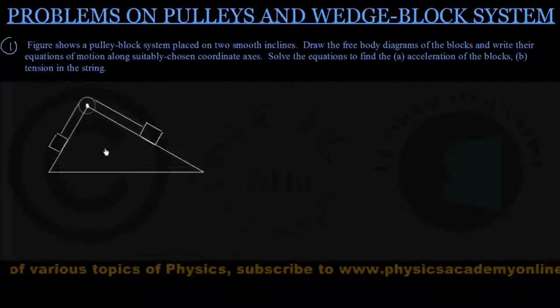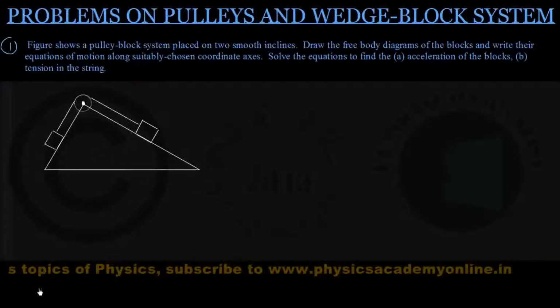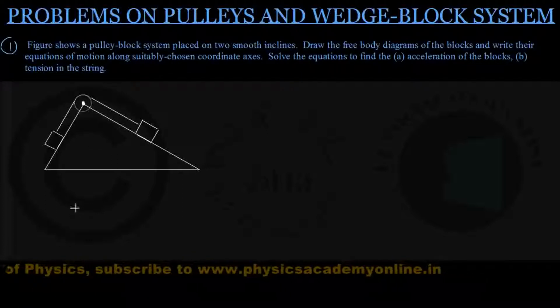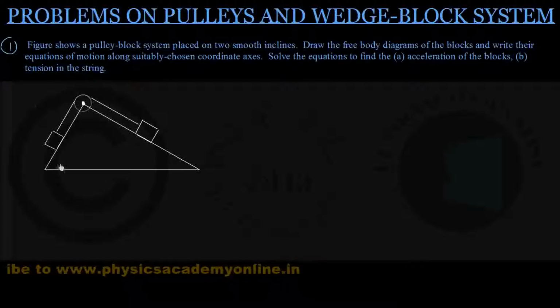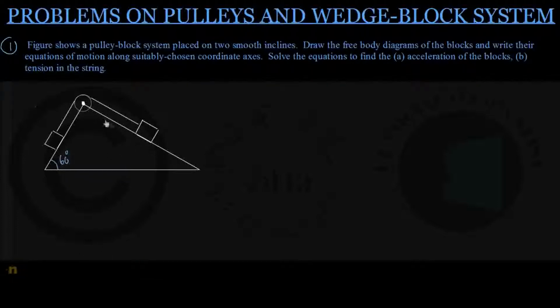So this is the figure on the screen, as you can see, and let me put some data into the problem. These are two inclined faces. As you can see, this one is steeper and the angle it makes with horizontal is given to be 60 degree. The other inclined face, this is flatter, less steep, and the angle of inclination is given 30 degree here. There are two blocks.